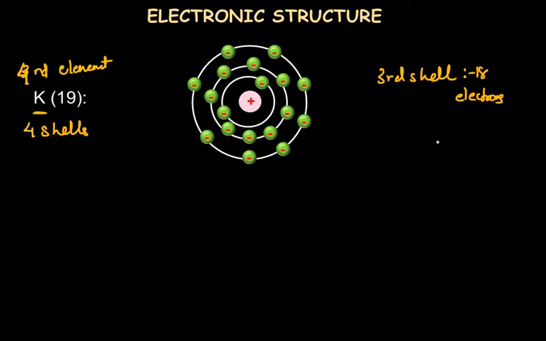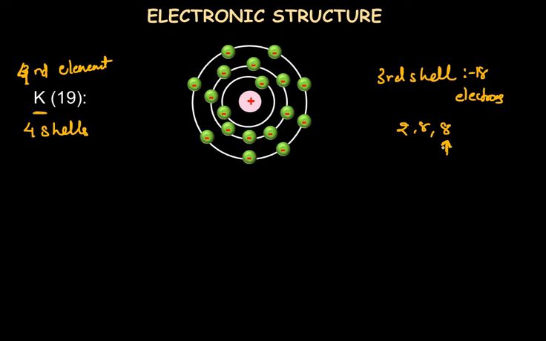Till argon, we had seen that the third shell has the electronic structure 2, 8 and 8. So more electrons can be filled up in the third shell. So potassium's next electron, that is the 9th electron, should be filled up in the third shell itself.